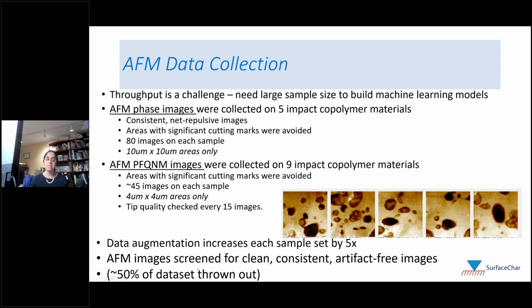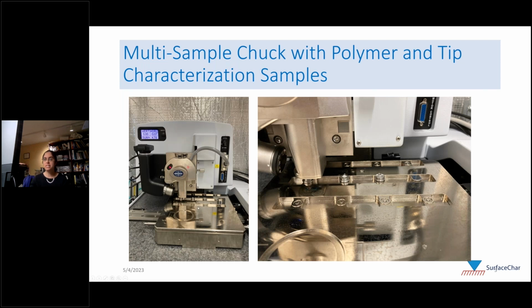And like I mentioned, we screened our AFM images for clean and consistent, artifact-free images. This, again, is super important. I can't overemphasize this enough: it's all about having a consistent, clean data set in order to train the model effectively.